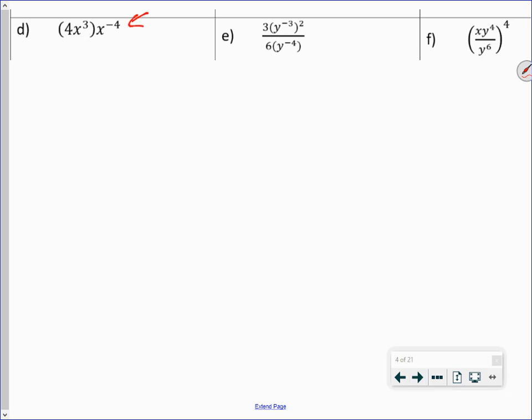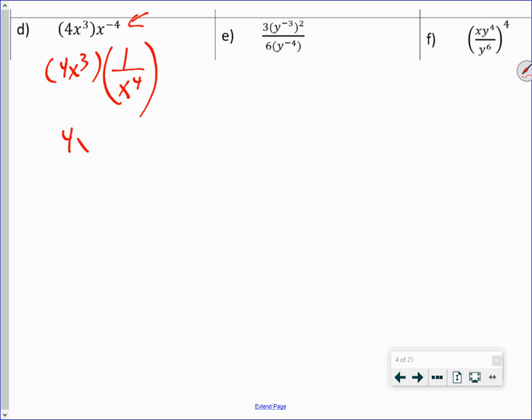Here, what does a negative exponent mean? Well, a negative exponent means that... now, you could do it that way, or, well, I'll do it two ways.